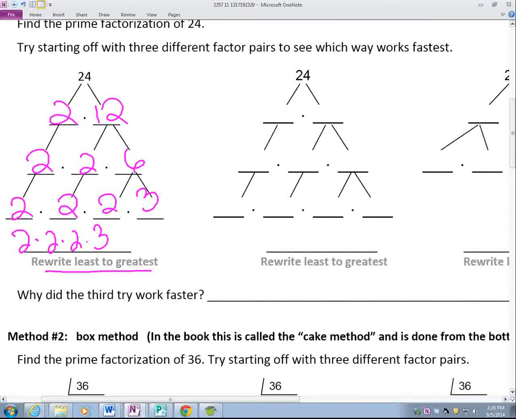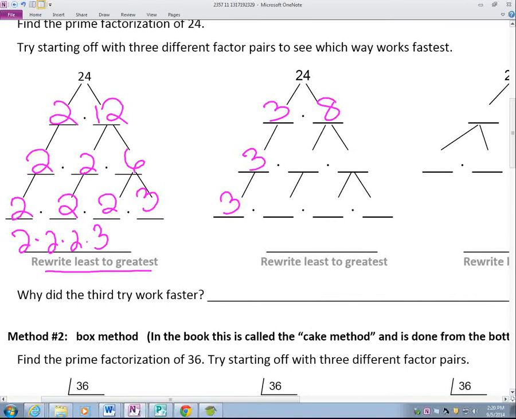Now with this one, we've already used 2 as a prime number to factor out 24. To show the diversity of what we can do, what's another prime number that goes into 24? 3 and 8. So this 3 is prime, so it's just going to go along for the ride. Sydney, what do you have for 8?